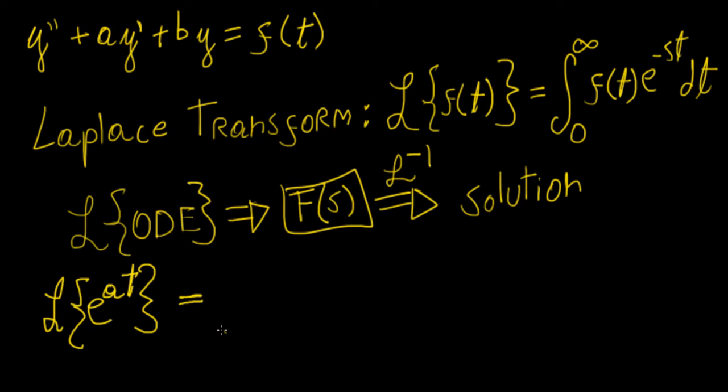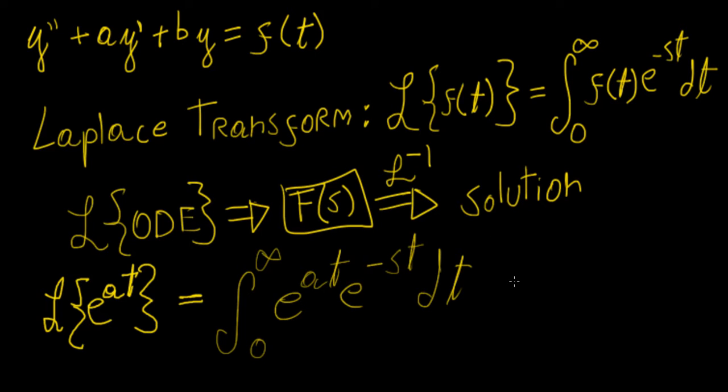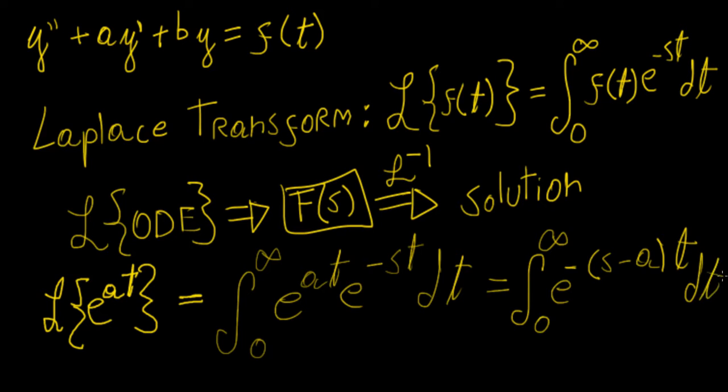In that case, what we will get is the integral from 0 to infinity of e to the at times e to the minus st with respect to time. This is the same as the integral from 0 to infinity of e to the power of minus (s minus a) t with respect to time.